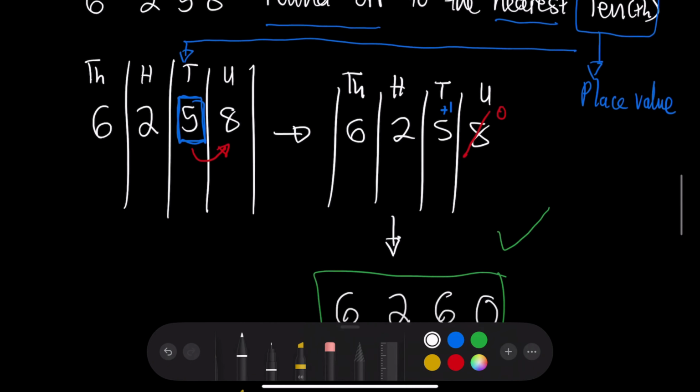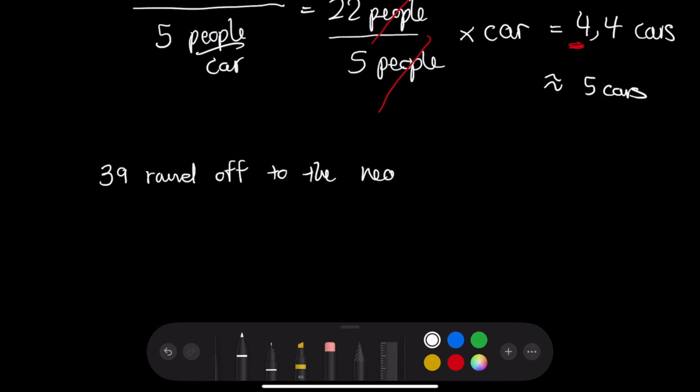So you cannot say that if I have 39 rounded off to the nearest 10, as we saw in our previous example, it would be approximately 40.